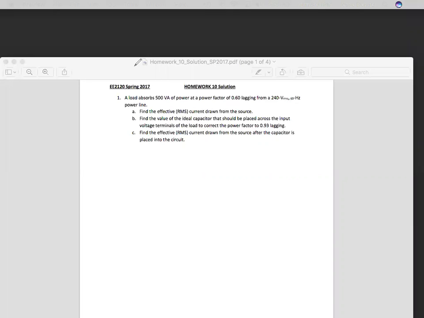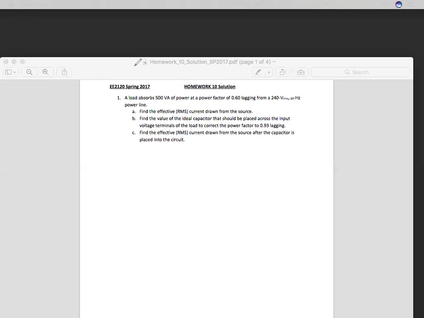A volt amp is similar to wattage, and we'll get into how it's similar. But the volt amps takes into account your imaginary power, and we'll get into that as well. So we have a load that absorbs 500 volt amps of power at a power factor of 0.6 lagging from a 240 volt RMS 60 hertz power line. Find the effective RMS current drawn from the source.